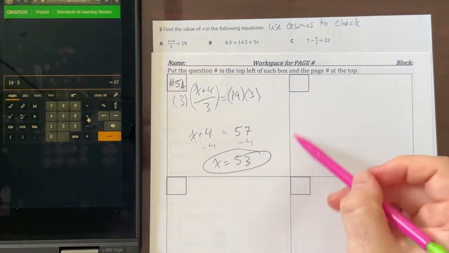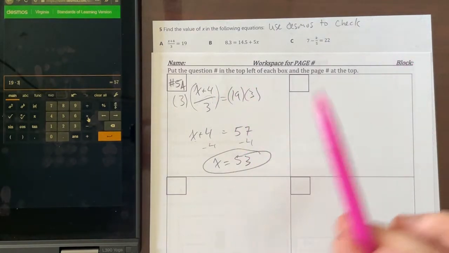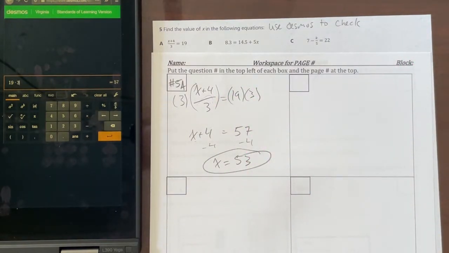Again, you can check using that back substitution, or if you type it in exactly as it looks in your original equation, it should work out. So what I can say is this: I can type in my left side. I have x plus 4, all divided by 3.